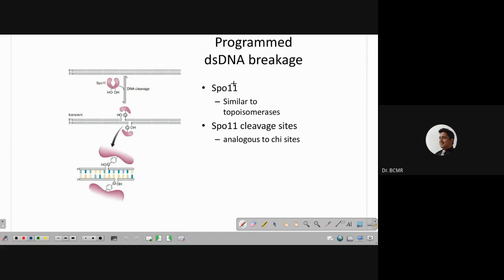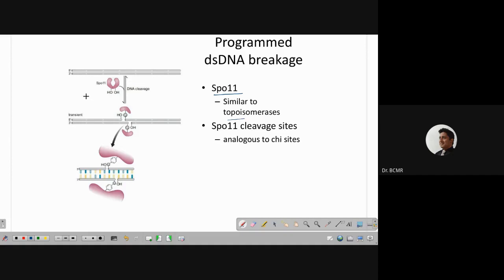So there are several proteins that make meiosis possible, out of which SPO11 is well understood. It is very much similar to topoisomerase 2. They make a double strand break, and they are covalently bound to the DNA in that process.